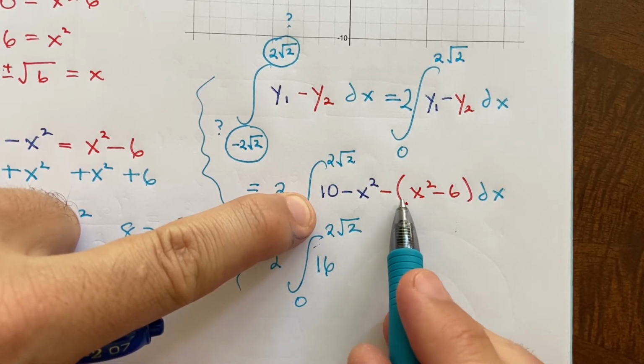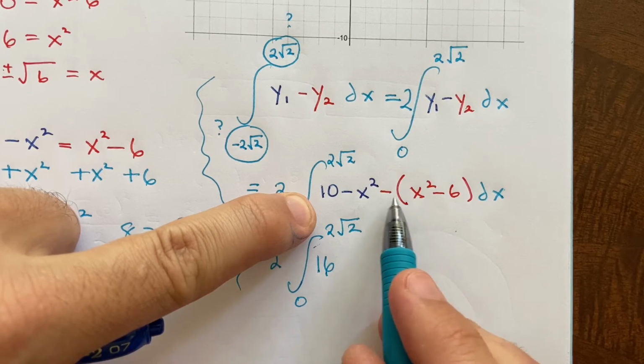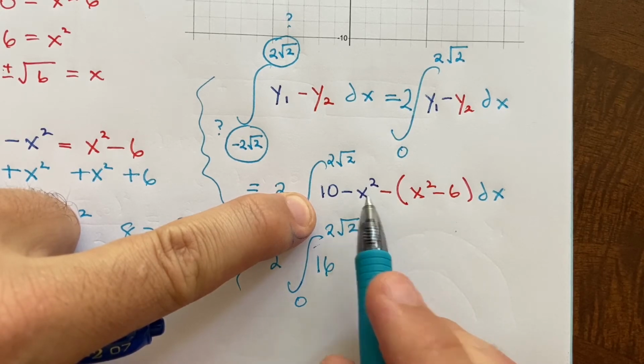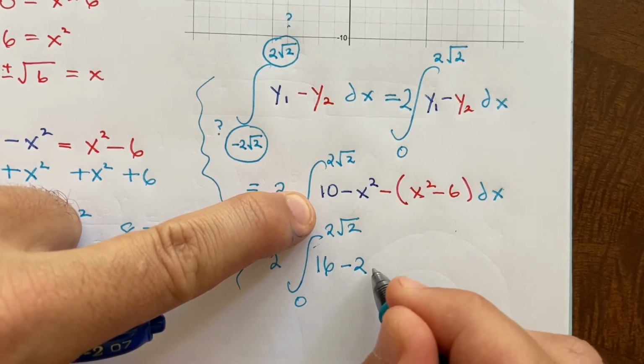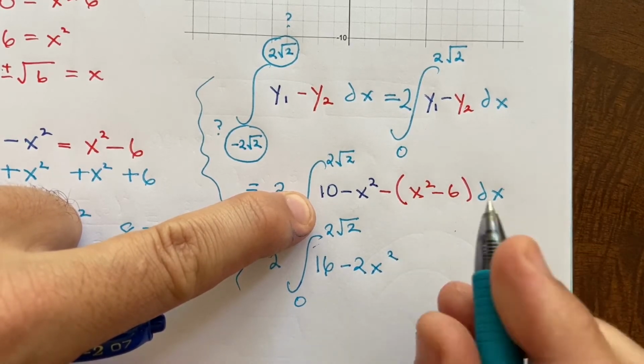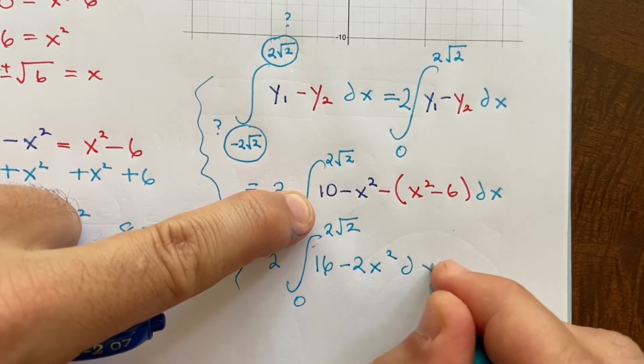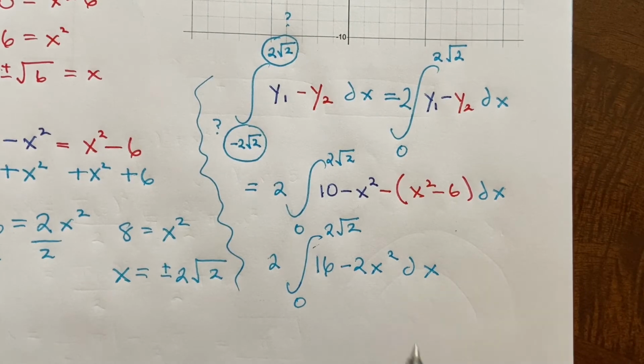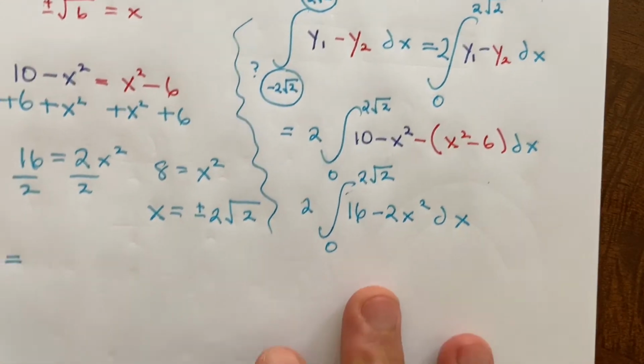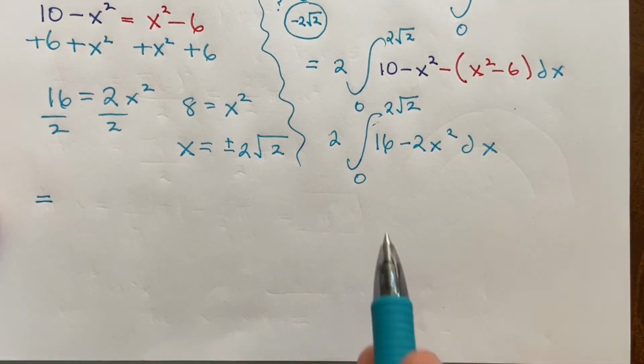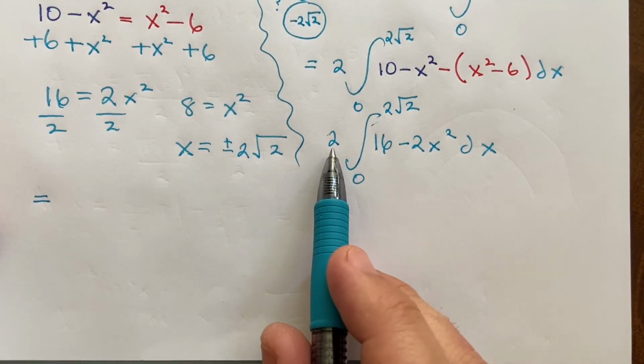This is going to turn into negative x squared, add another negative x squared. I have negative 2x squared dx. You can factor constants out of integrals. So I can say this is exactly equal to, if I factor out a 2, I'll multiply that 2 by this.